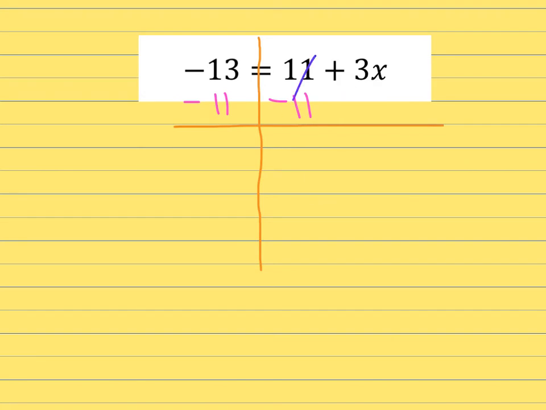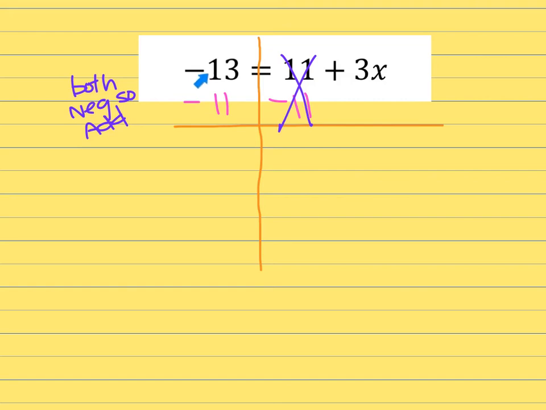Again, we're trying to get this to cancel out and become 0. On this side, I have negative 13 and negative 11. If they're both the same sign, I should add them together. If they were different signs, I would subtract. But these are both negative, so I should add. It's not always going to be that way, so watch out for your symbols.